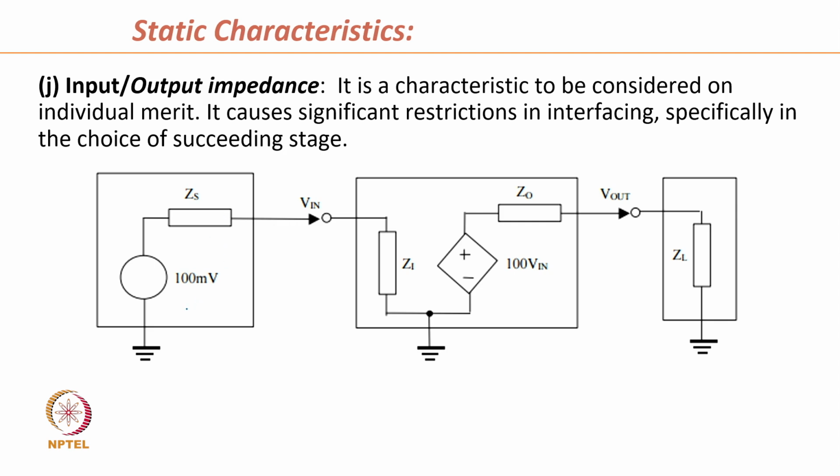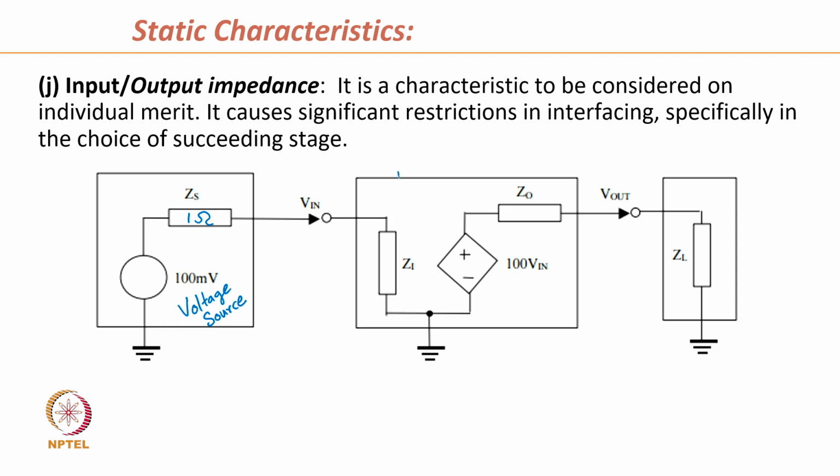For example, in this case we have a voltage source which is 100 millivolt in magnitude, and it has, let us say, an internal impedance of 1 ohm. And we want to connect it to an amplifier, which is shown here.